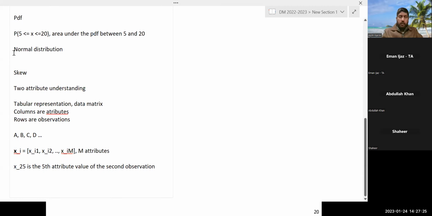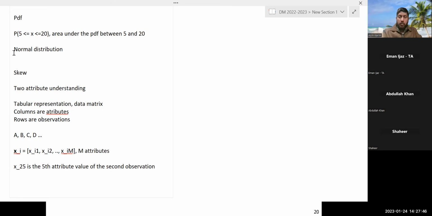So in this way you can have the entire data matrix. The first subscript is the row, the second subscript is the column. The second subscript is the attribute, the first subscript is the observation. And if we talk about one row as a whole, a vector as well as a matrix, we represent it in bold.